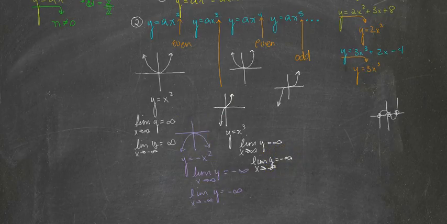So your end behavior is to go to negative infinity on the left and positive infinity on the right. Exactly the same thing is going to happen with ax to the fifth, ax to the seventh, ax to the ninth, any odd powered function.